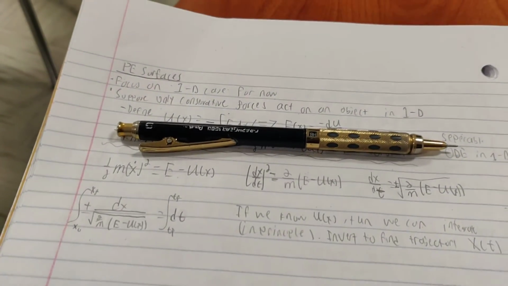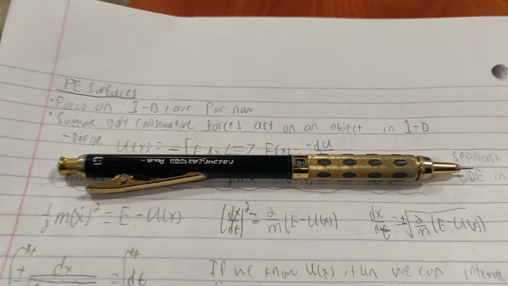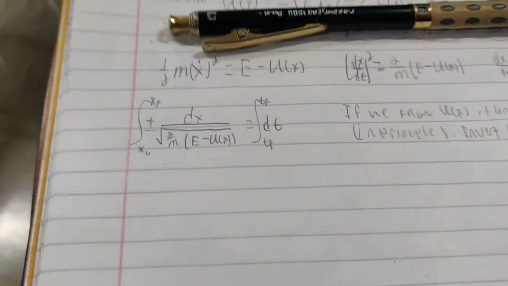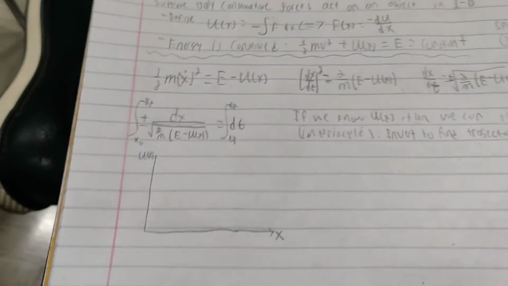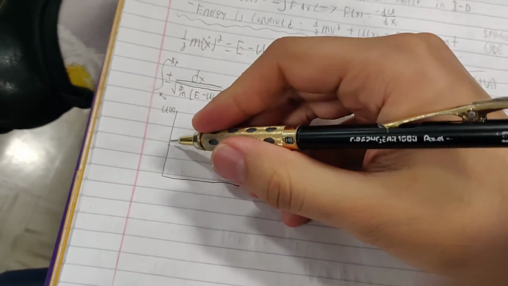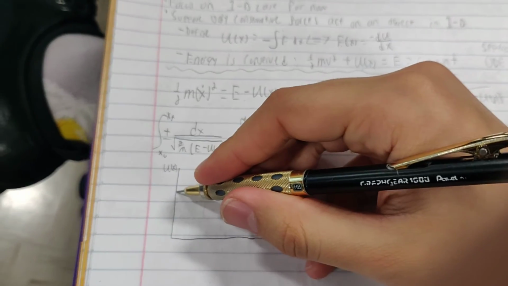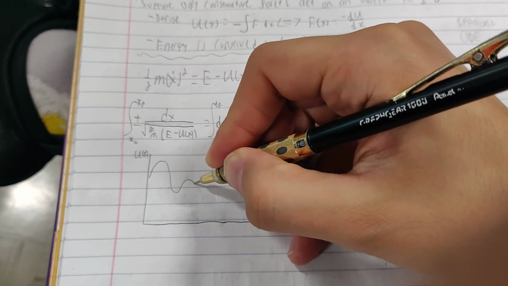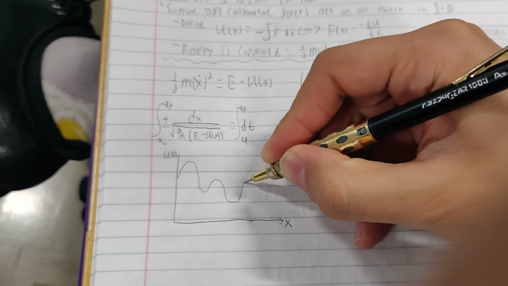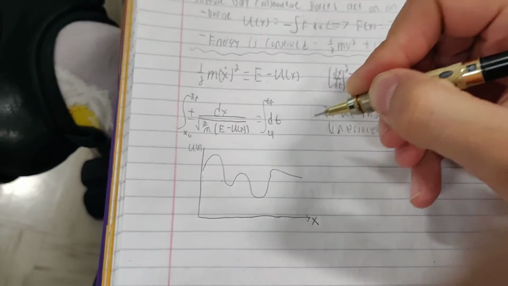Okay, so let's draw an example of a potential energy graph. And again, in just one dimension here for the time being. Extend my axes out a bit here.